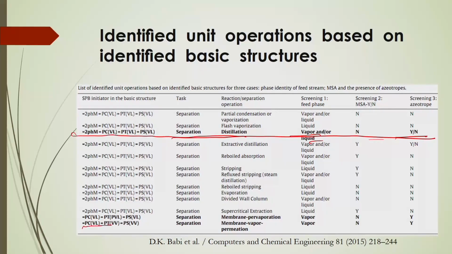And this is also another feasible unit operation based on the identified basic structures. So, in these tables you also have to go through what the different simultaneous phenomena based building blocks are that can be formed, and these building blocks are based on the tasks, the different separations, and also the reaction separation combinations.